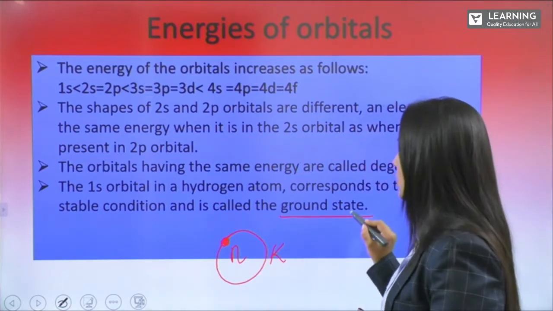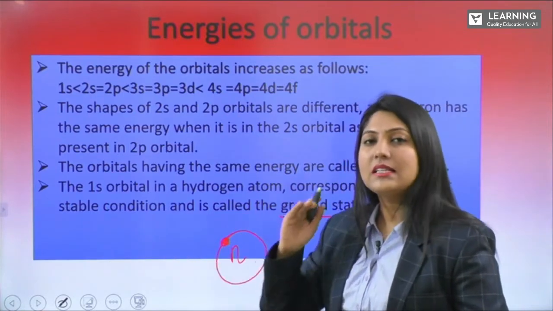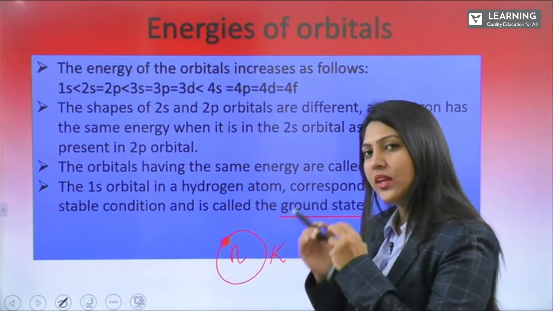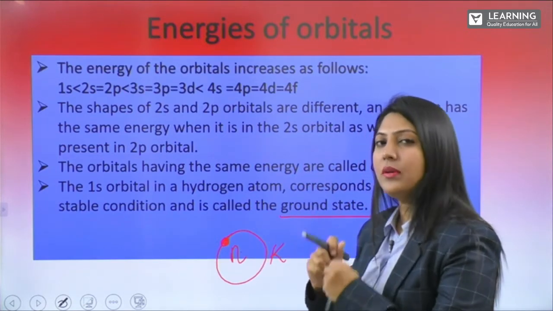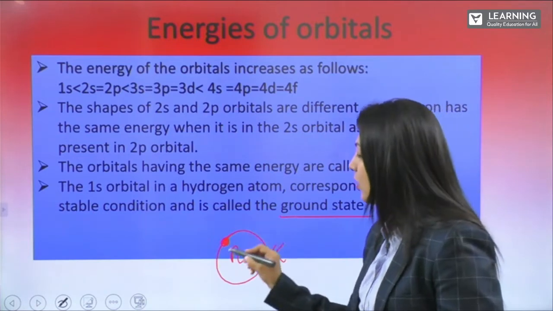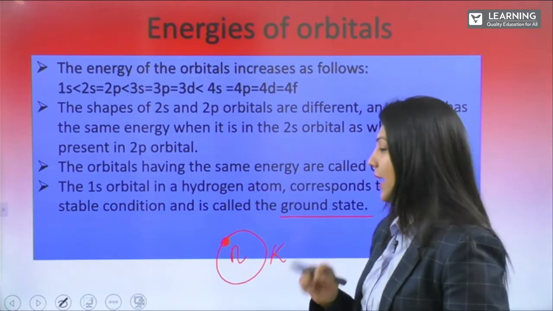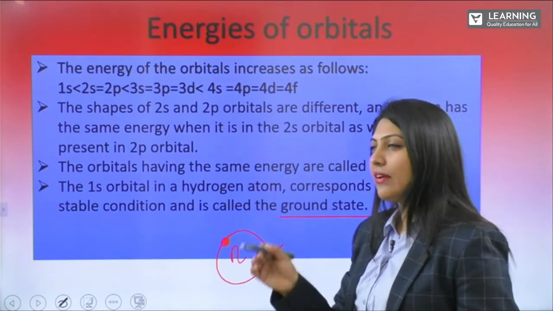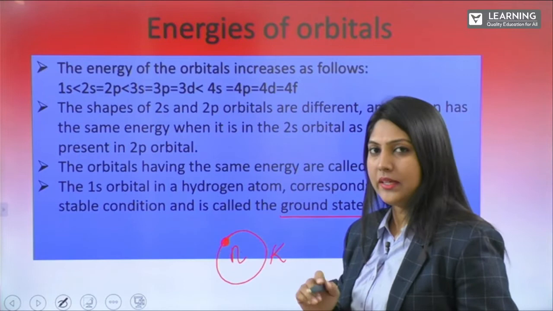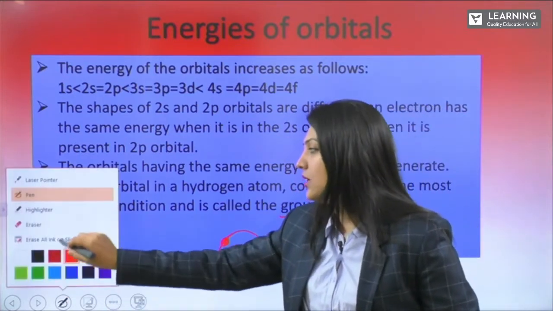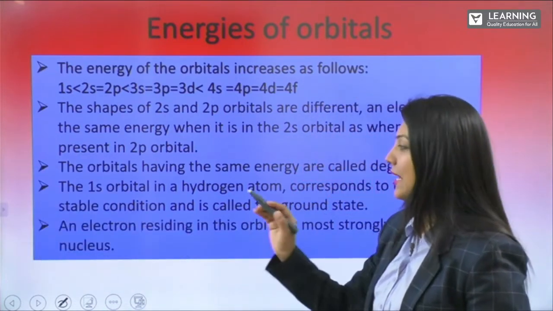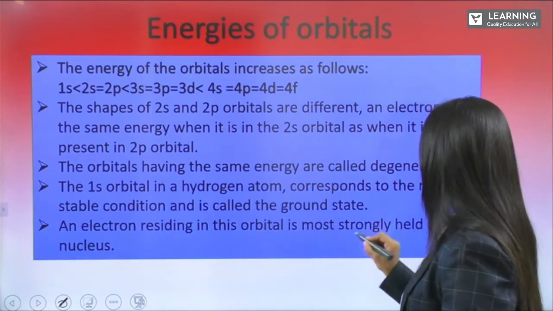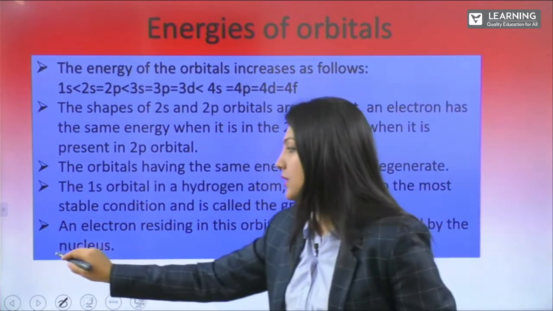We call them ground state because they are almost in a stable condition, because they are very near to the nucleus and the attraction between the electron and the nucleus is very high. So if electrons are present in the first orbit, we can call them in the ground state. An electron residing in this orbital is most strongly held by the nucleus.